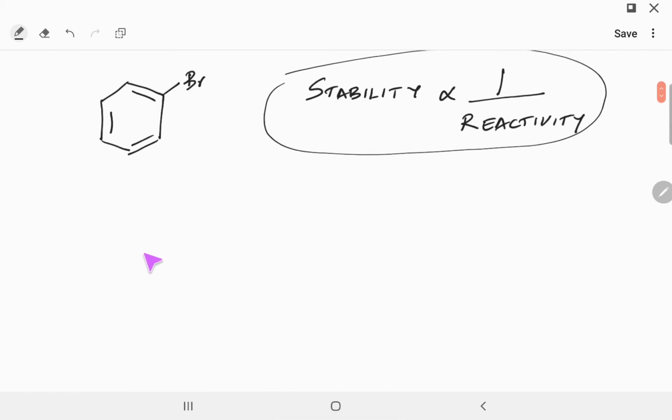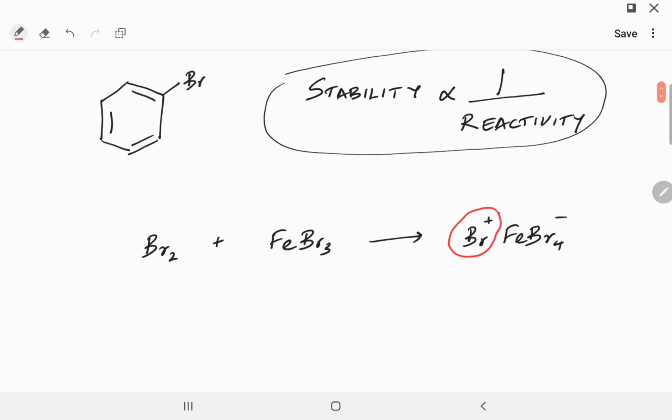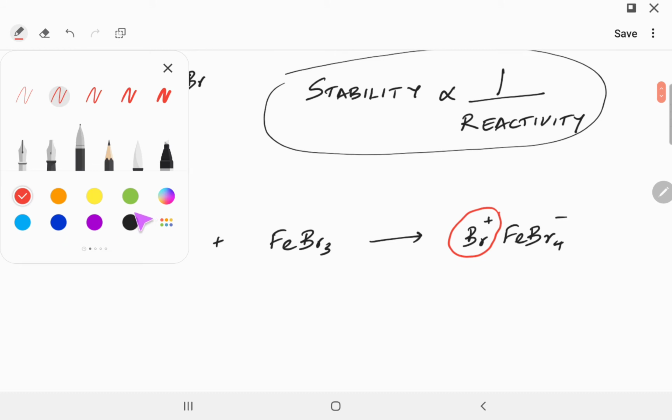What we have is bromine in the presence of FeBr3, which is our catalyst, and it will give you a bromonium electrophile, and you have FeBr4-. This cation right here is going to be our electrophile.